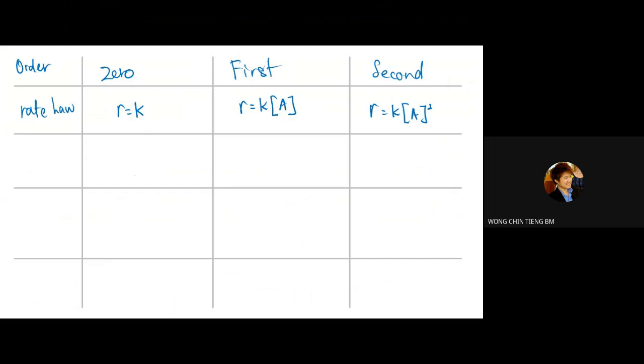Okay. Moving on to recall your memory on the unit of K. Alright, boys pula. Pakcik nama? Afif. Unit K, 0 order. M s^-1. Okay. First order. Second order.